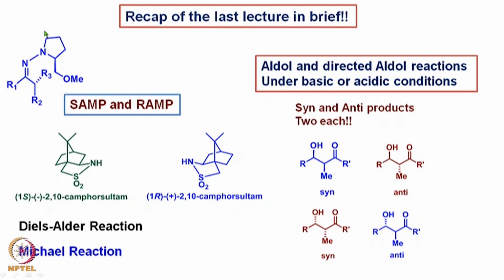Now once we have got this particular product in which a CC bond has been formed, we did several reactions to release the auxiliary. First one was the hydrolysis to go to the ketone. The second one was reduction of this hydrazone moiety to release the corresponding amine.